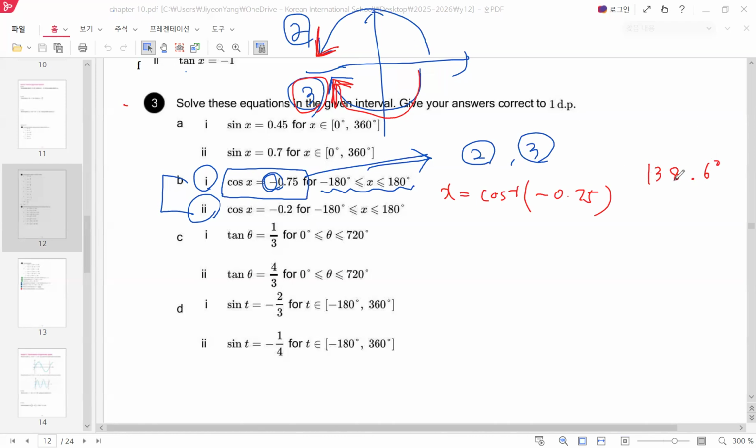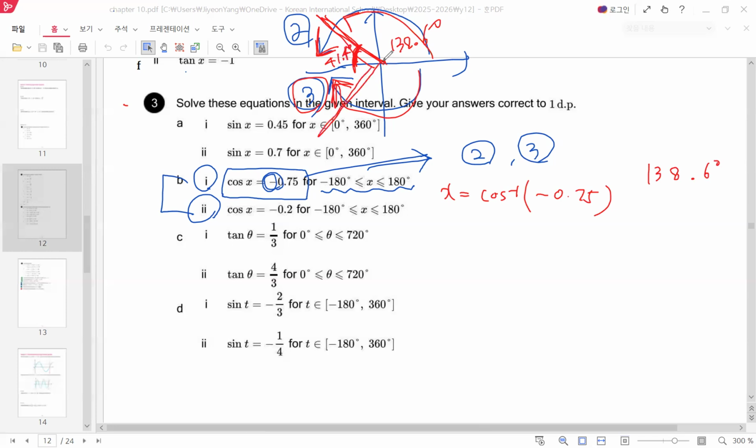So 138.6 degrees means here, students, this one. Then you need to find this value. What's this one? 180 minus 138.6. Use your calculator: 41.4 degrees.